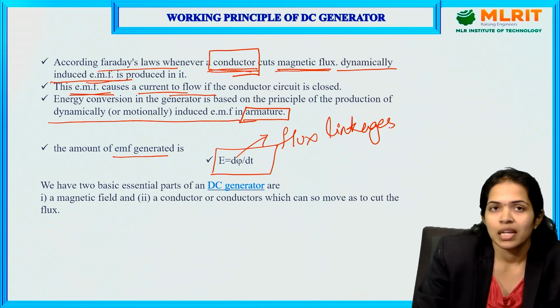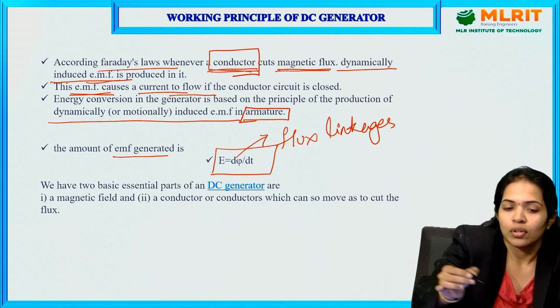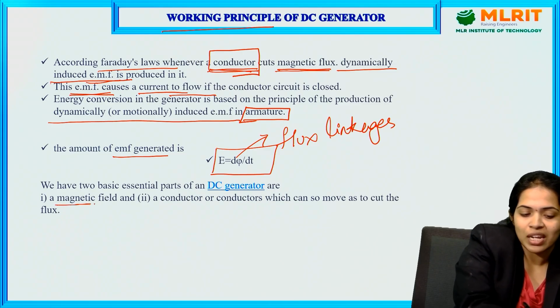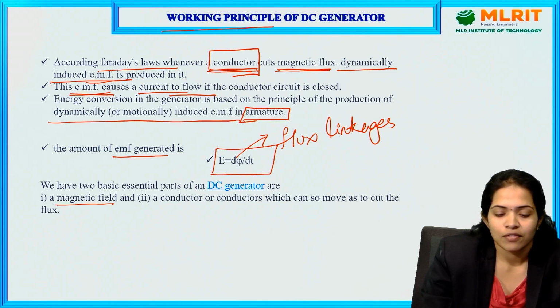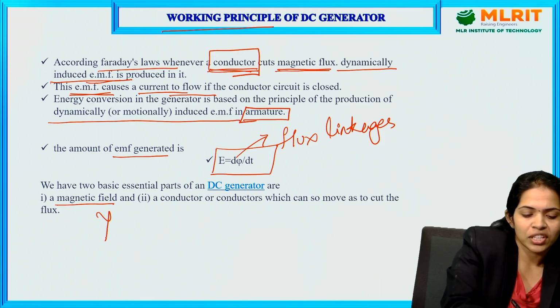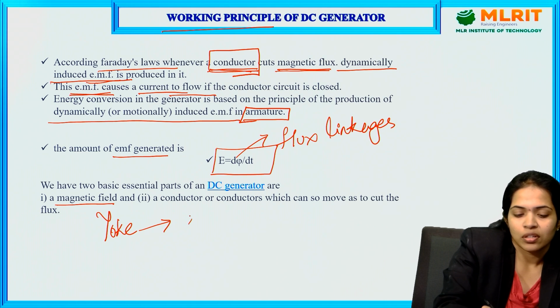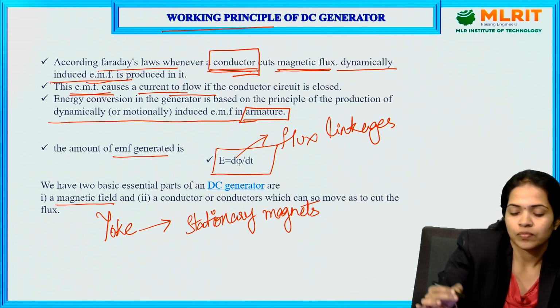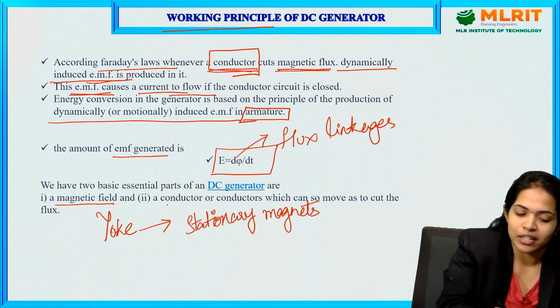So basically in a DC generator, the working is affected by two main important parts. One is the magnetic field in our core, that is the yoke part. We have stationary magnets to which the field windings are connected. And we have conductors.